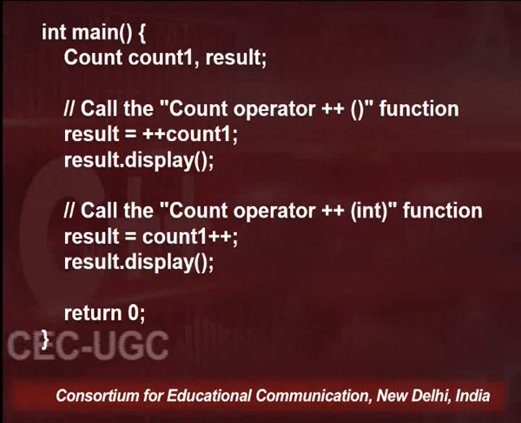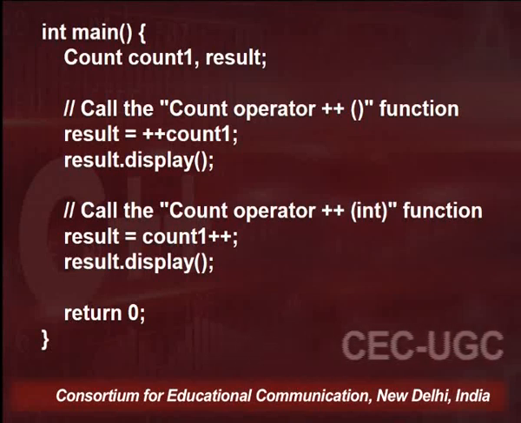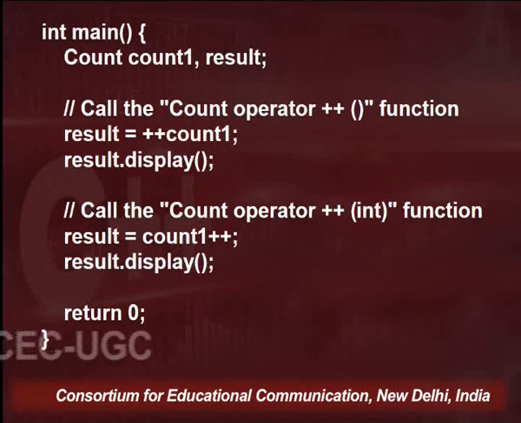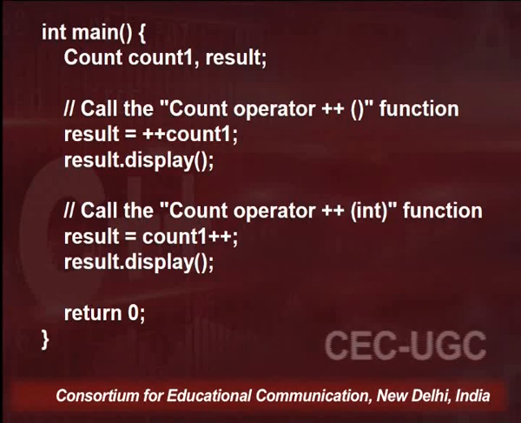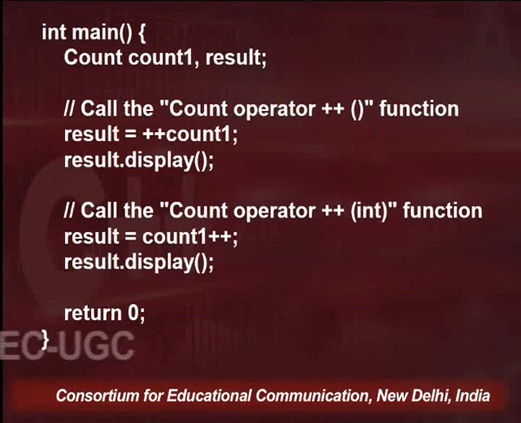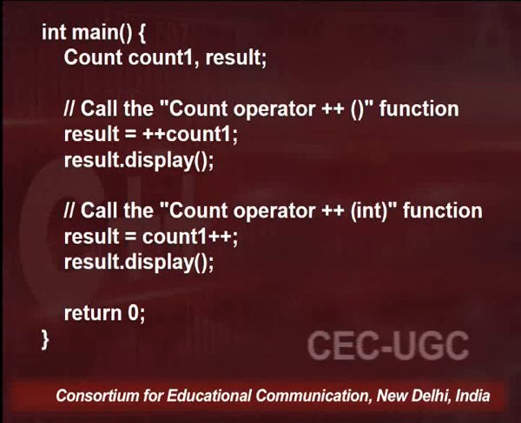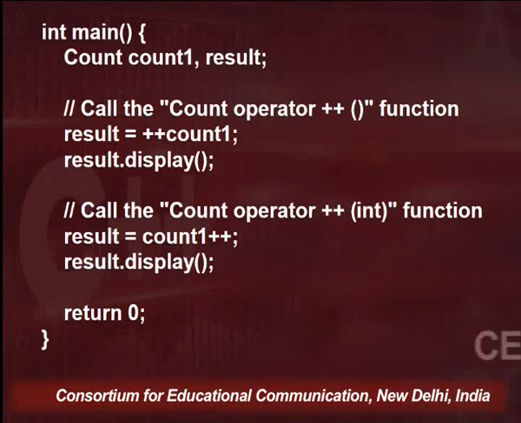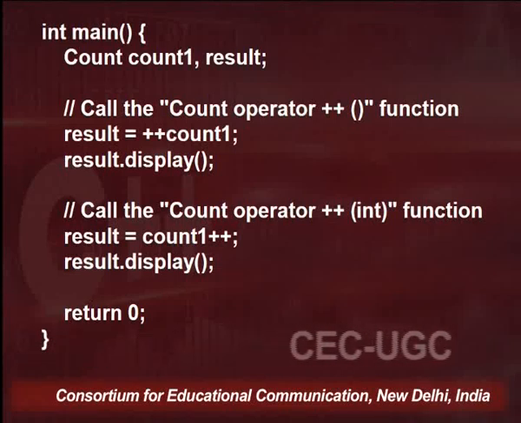So whenever I am saying result equals ++count1, that means within the overloaded function, the value which was being returned, ++value, that value as an attribute belongs to count1, and the incremented option is being stored in temp.value, which was returned there, and finally it is being assigned to the result.